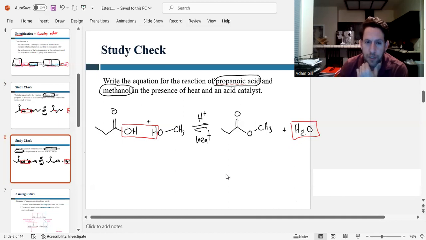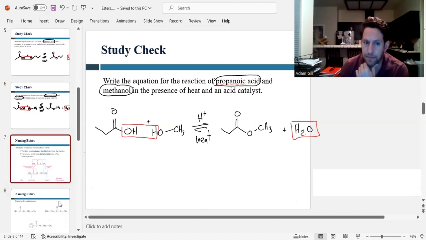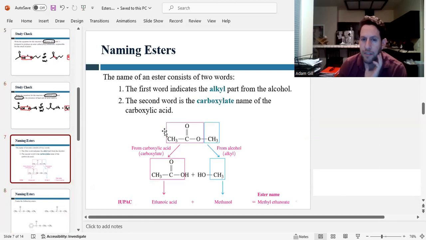Okay, so now that we've talked about the reaction to form the ester, let's talk about how to name esters. So the name of the ester consists of 2 words. The first word indicates the alkyl chain that comes from the alcohol. And the second word is the carboxylate name from the carboxylic acid.